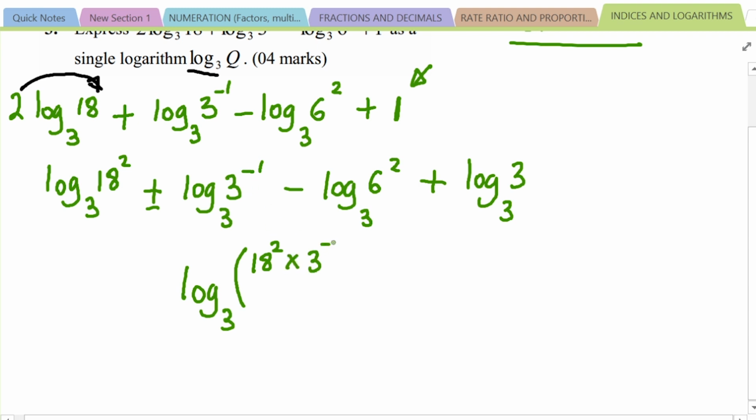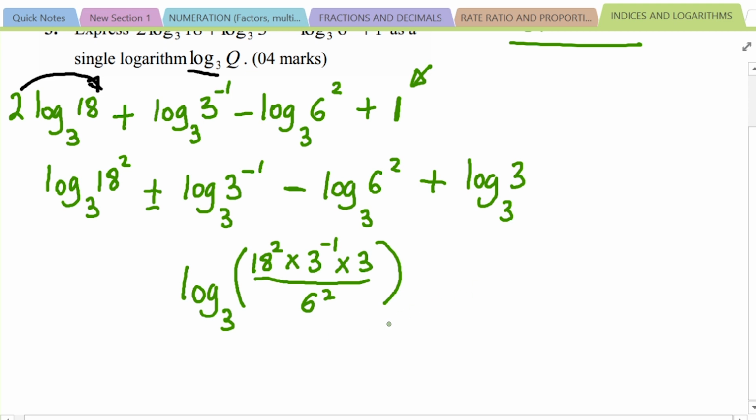And then let's first deal with the addition, plus 3, so let's multiply that by 3, okay? Then minus this, so minus is division, that we shall divide by 6 squared, like that. And so the rest is just arithmetic.